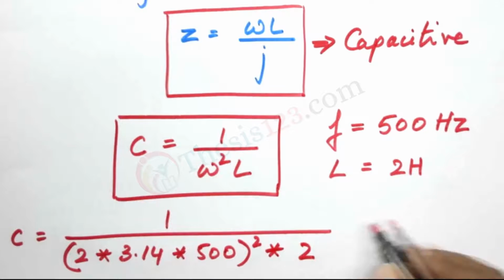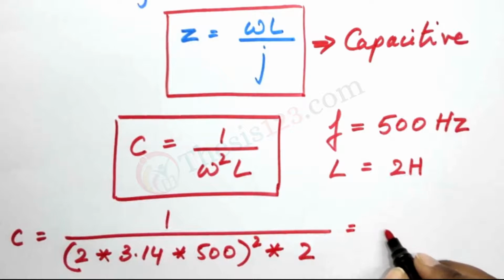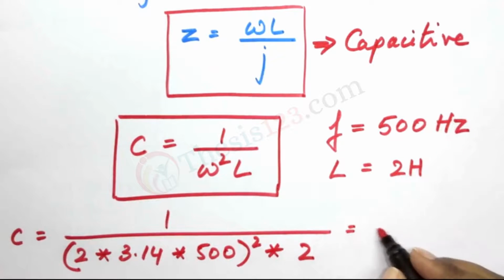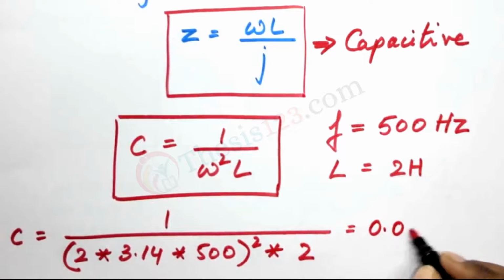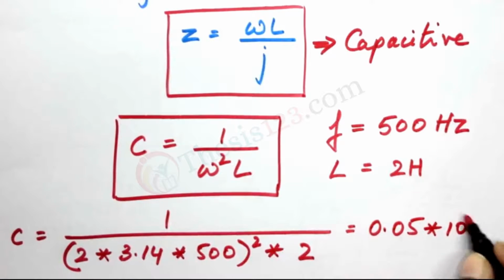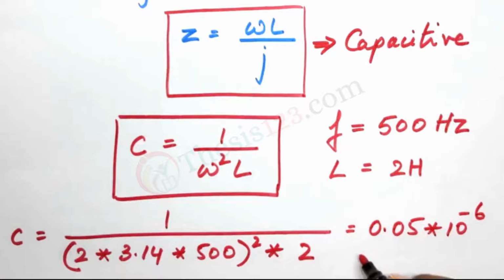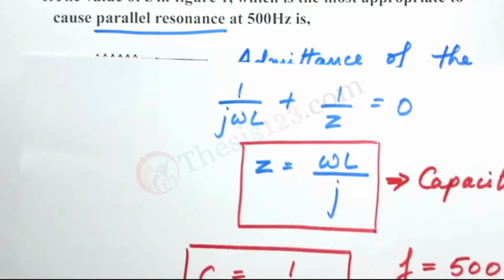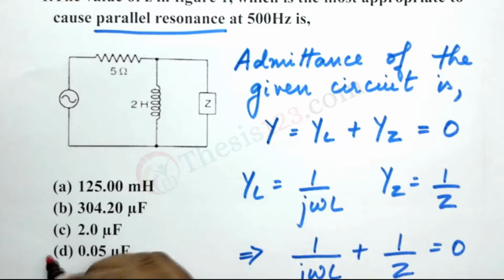If you solve this expression, you get a value of 0.05 into 10 power minus 6, that's 0.05 microfarad. Checking with the options given, 0.05 microfarad matches option D. So this is the solution, and I hope it has helped.